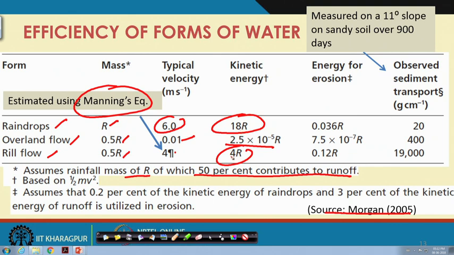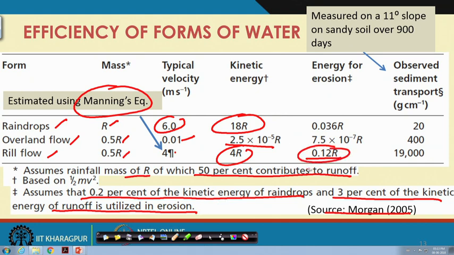And as a result, if you look at the observed sediment energy for erosion, obviously which will be higher here, it assumes 0.2% of the kinetic energy of raindrops and 3% of the kinetic energy of runoff is utilized in erosion. Because of that, the rain flow will have much higher energy of erosion.